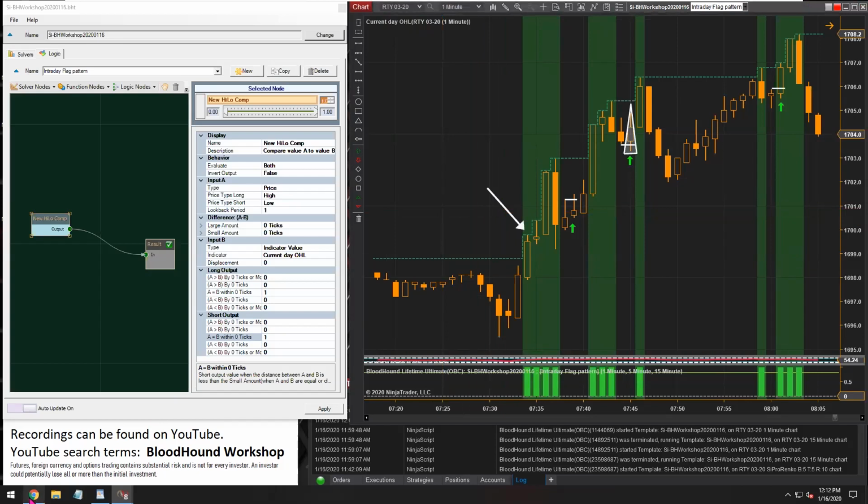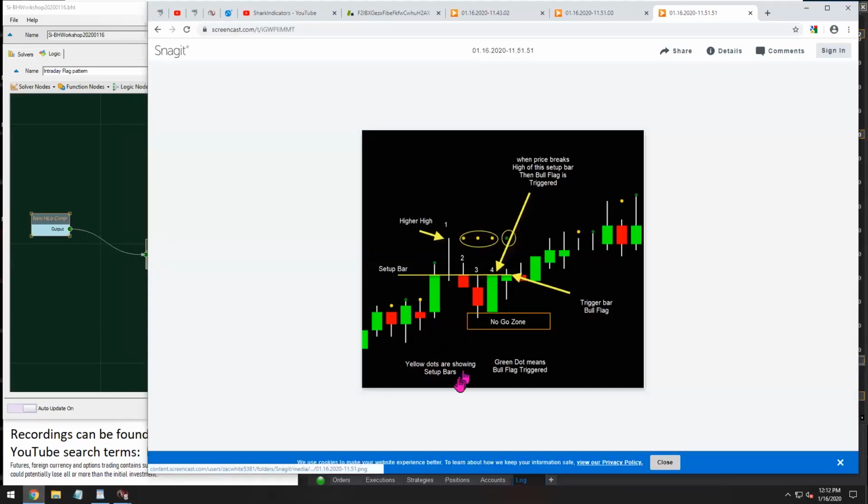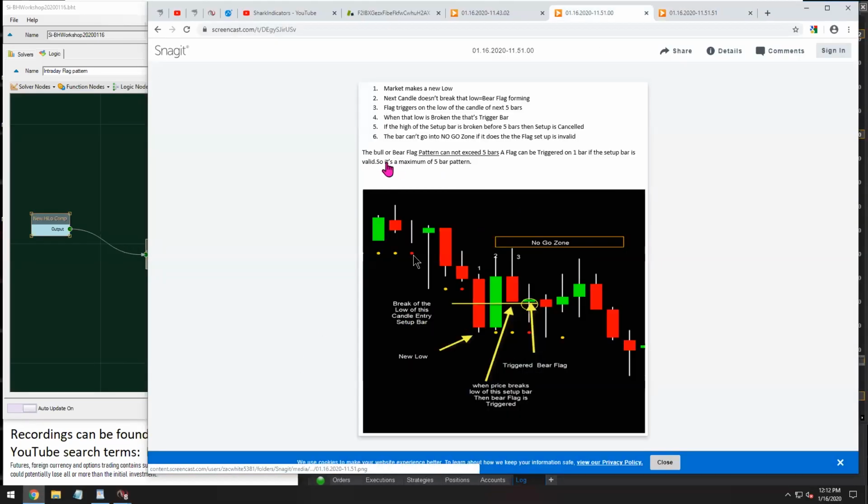Taking a look at the rules again here, this is a maximum of a 5-bar pattern. If we look here, we have the bars numbered for us. The first bar that makes a new low or a new high is bar number 1.